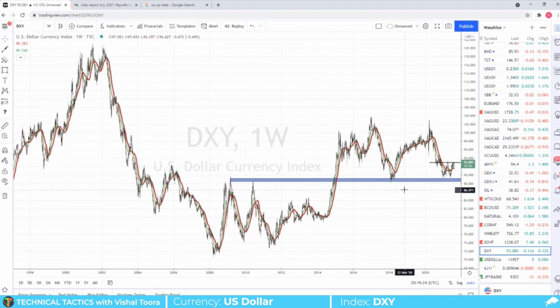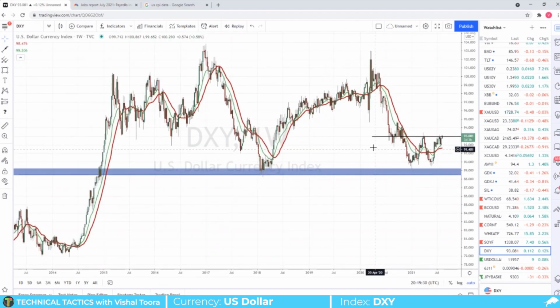A lot of people are thinking the dollar declines further because of the Fed and their money printing. But there are two ways here to look at this current dollar move. The first is the fear trade. Are people running into the US dollar for safety, perhaps the Delta variant, or they're thinking some other things are going to happen with the market?